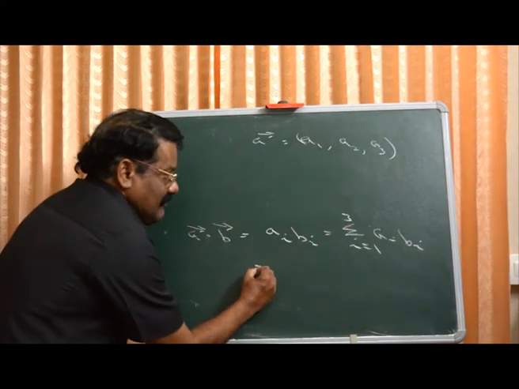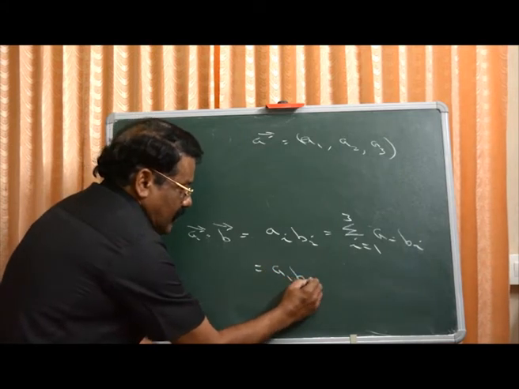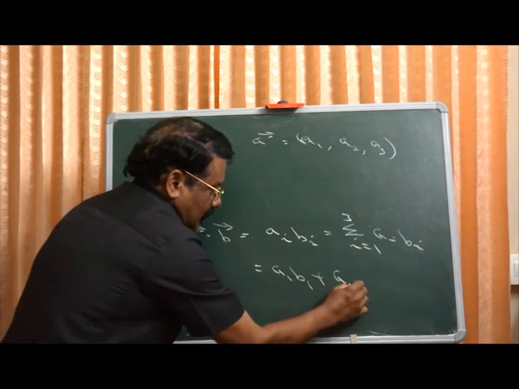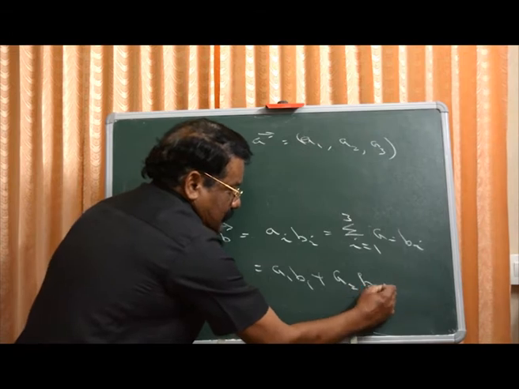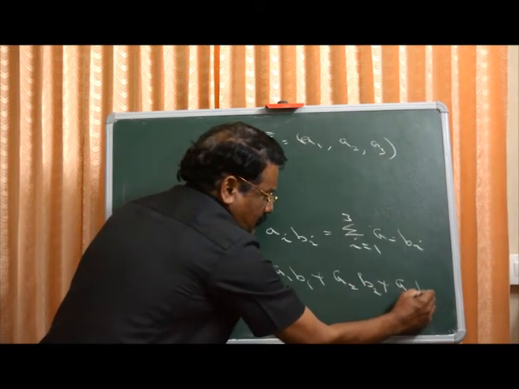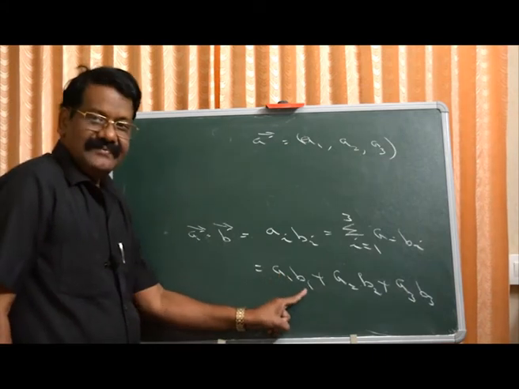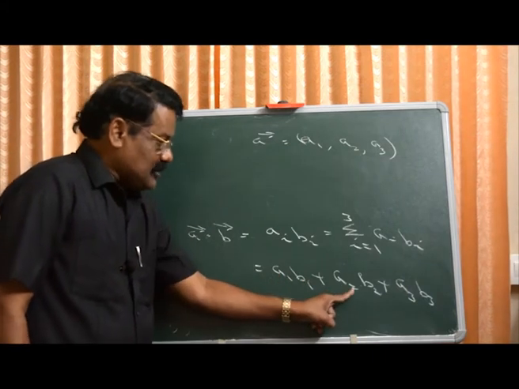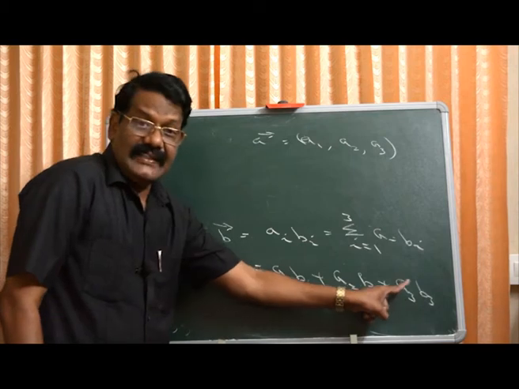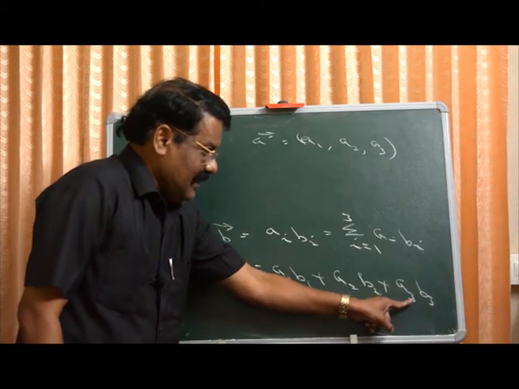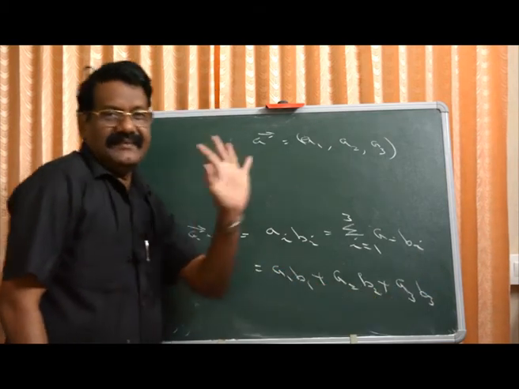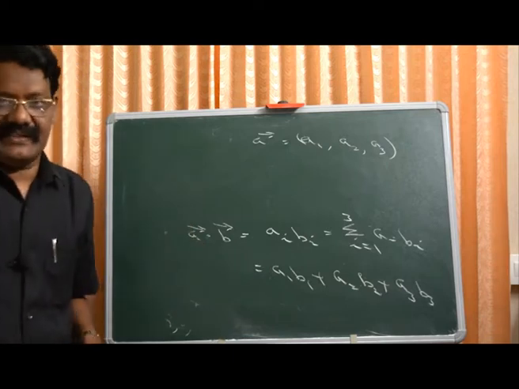Expanding that, I can very well write A1 B1 plus A2 B2 plus A3 B3. 1 is our X, so AX BX. 2 is our Y, AY BY. 3 is our Z, AZ BZ.